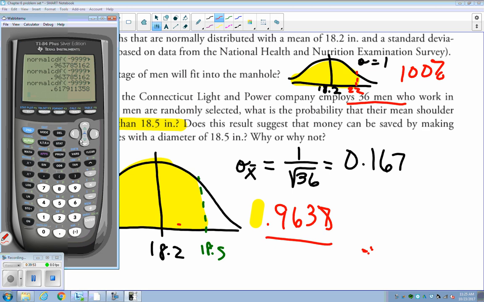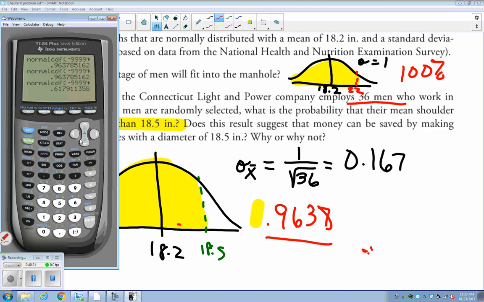Good. The first part, the same question, the lower limit is still negative 99999. Yes. 18.5, because the question was, should I make my manholes now only 18.5 instead of making them the full 22? Well, I wanted to look at the entire population, what percentage of men would be 18.5 or less.